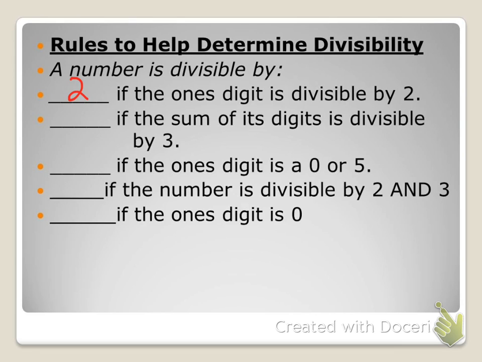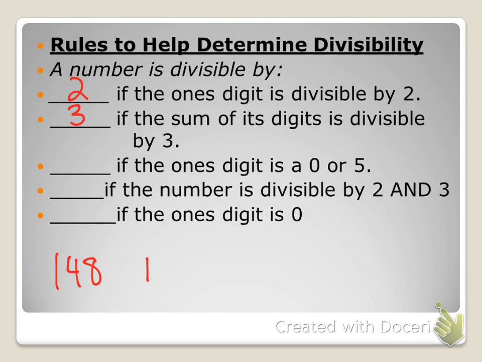All right, a number is divisible by 3 if the sum of its digits is divisible by 3. So let's pop that 148 back up there. What would the sum of its digits be? 13.